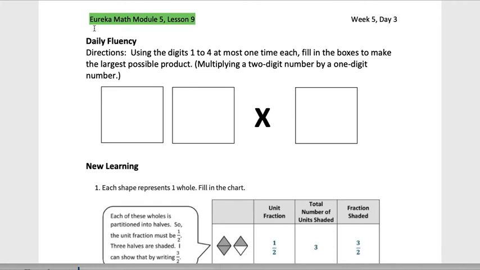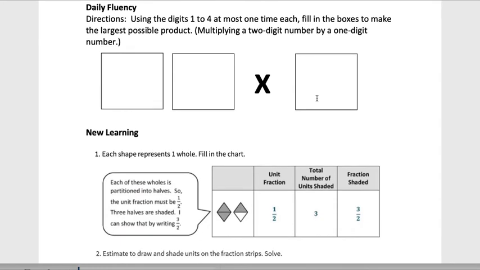If you wrote 1, 1, and 1, that would be wrong because that's not following directions. But if you wrote 4, 3, and 2, that might be the correct answer, right? So try your best to think really hard about what's a large number that you could make. And I know that a lot of you guys are going to do a great job at this.